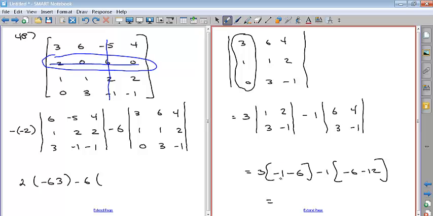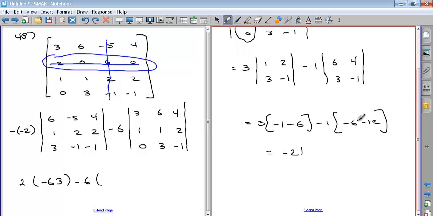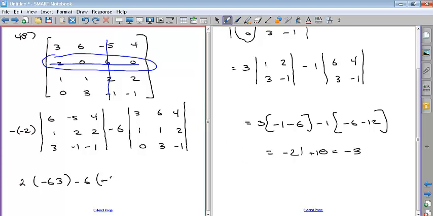So here we have negative 7 times 3, which is negative 21. Here we have negative 18 times negative 1, so that's positive 18. So you add those two together, negative 3. So that's the value for this thing. So we plug that in, negative 3 into there.